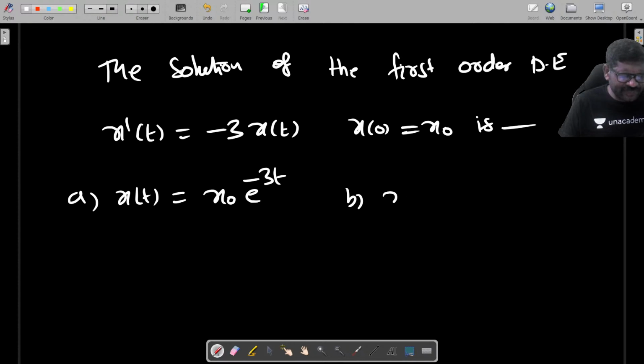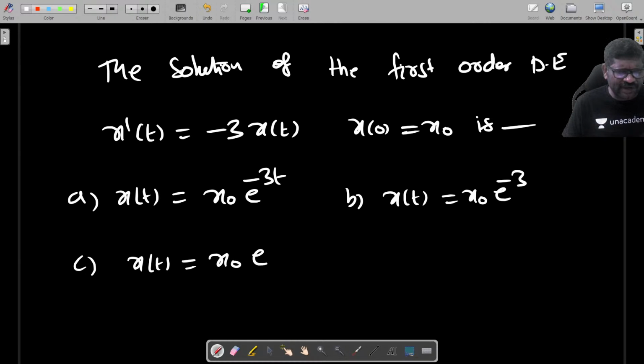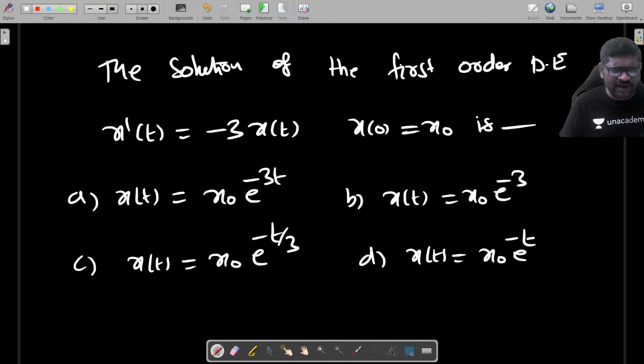Second option, x of t is x naught into e power minus 3. Third option, x of t equal to x naught into e power minus t by 3. Fourth option, x of t is x naught e power minus t.